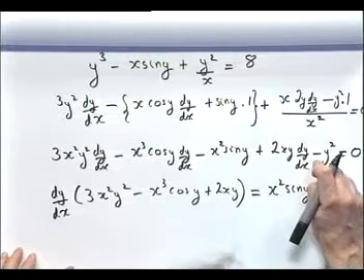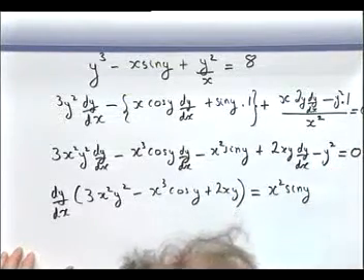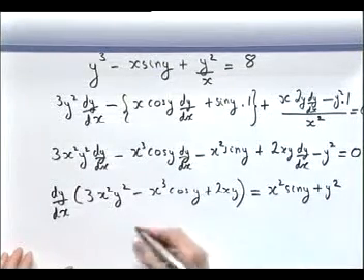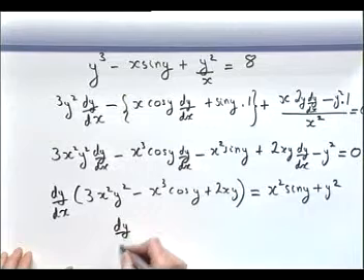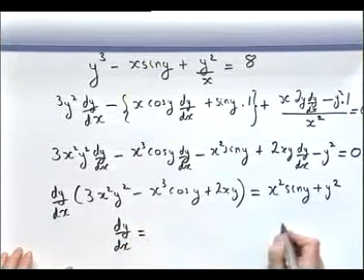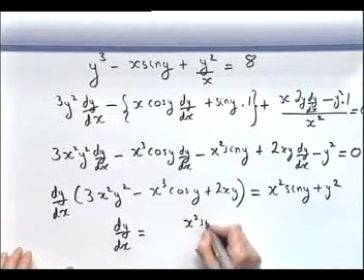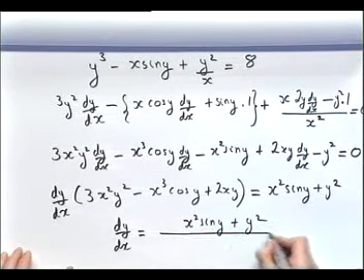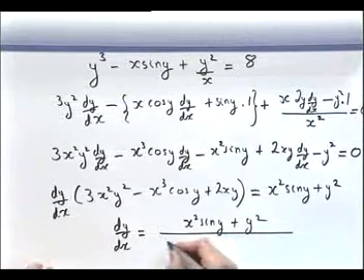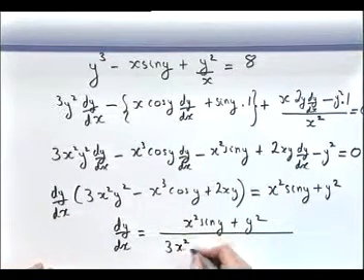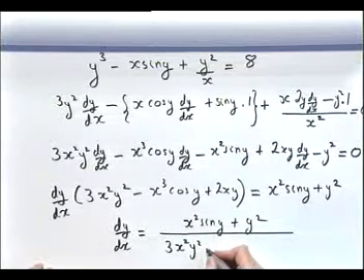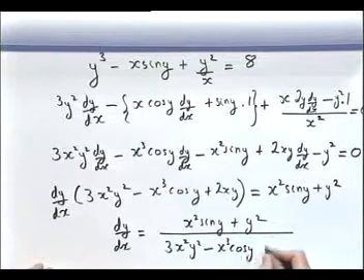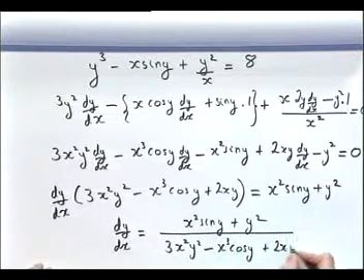And here I've got minus y squared. Again, I think I want to add that to both sides, so I get plus y squared over there. And now dy by dx is equal to x squared sine y plus y squared in the numerator and dividing by this expression as the denominator. 3x squared y squared minus x cubed cos y plus 2xy.